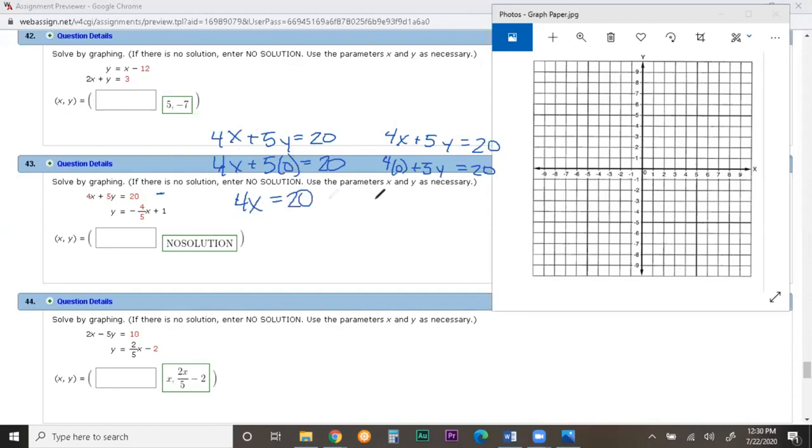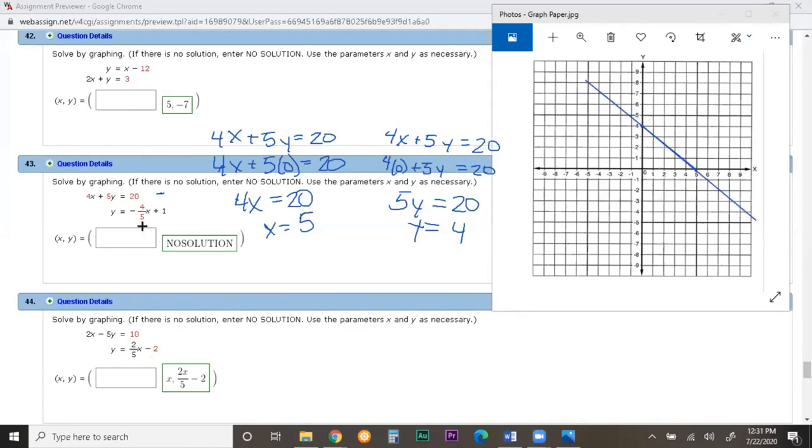So we have 4x equals 20 and 5y equals 20. So x equals 5 and y equals 4. So all I have to do is find 5 on the x-axis and find 4 on the y-axis.